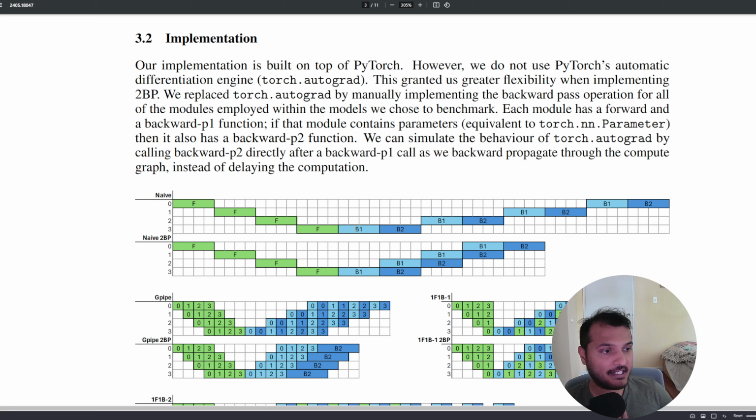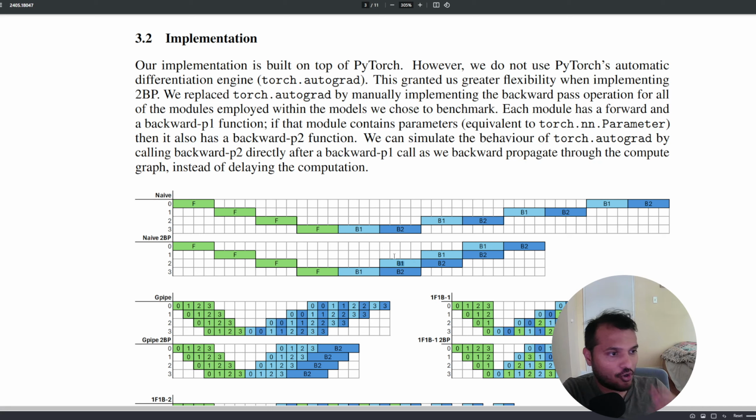Naively, it is done in this manner: B1 is computed first, and then B2, and so on, B1 and B2 for the different GPUs. Here the authors optimize this process, and they say, when you compute B1, you can send the results to the next GPU so that it can start computing its B1. This will reduce your backpropagation time by roughly half.